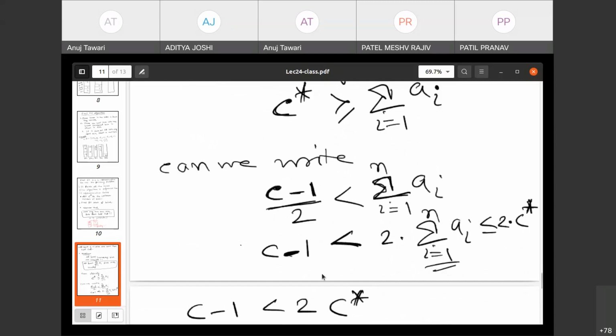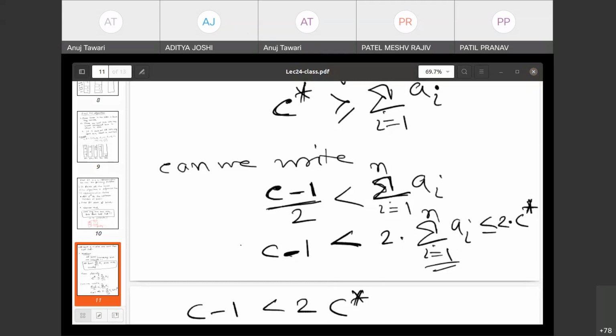Then we can write this as C minus 1 is less than twice the summation of AIs, which is less than or equal to twice C star. This is because we assume that C star is at least the sum of all these values, AIs, since it is the optimum number of bins.